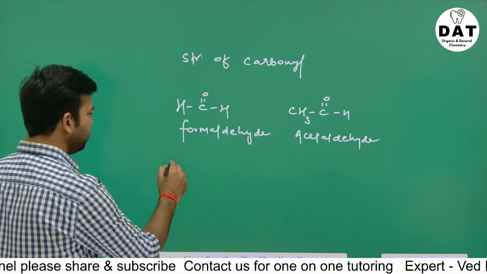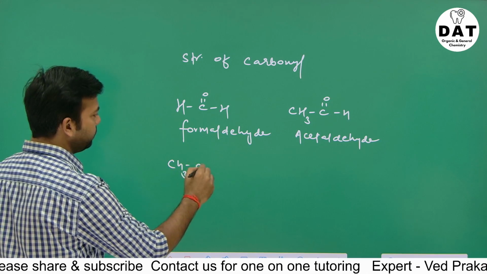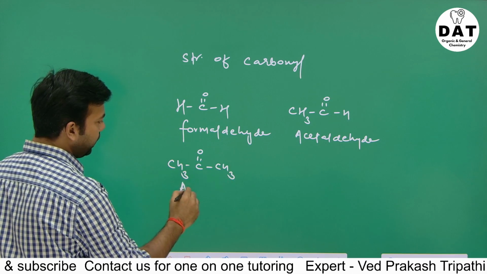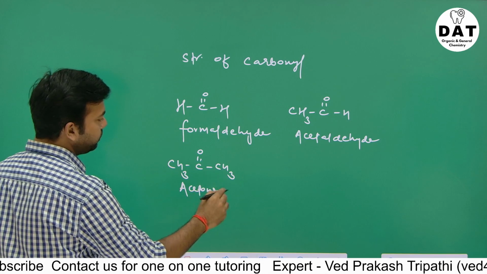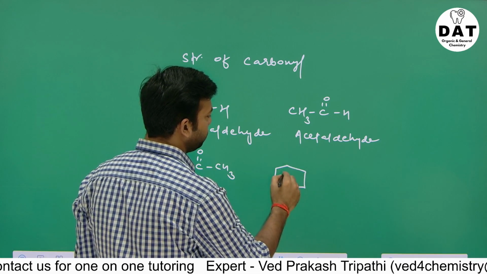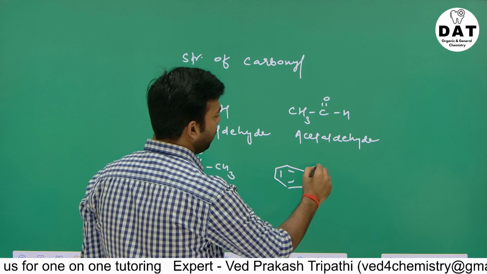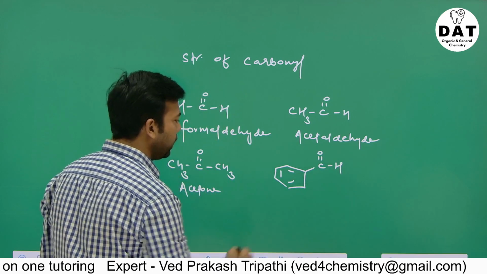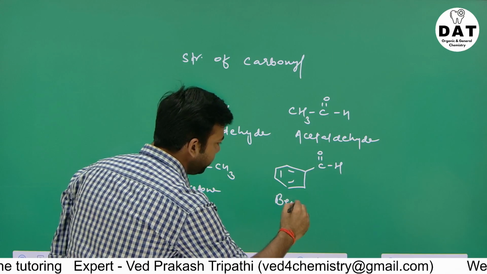And this one, CH3COCH3, this is called acetone. And this is a ring, and we have a CHO group. This is called benzaldehyde.